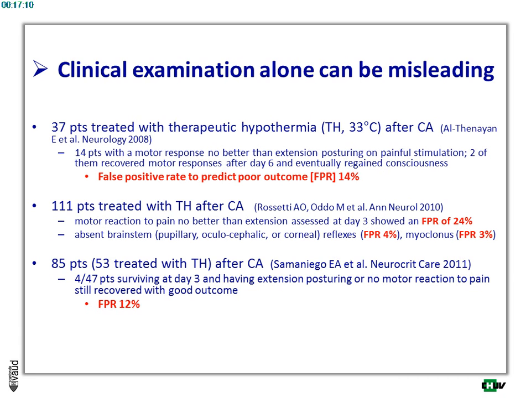What's ideal is to have 0%: 1 minus specificity, 100% specificity equals 1, 1 minus 1 is 0. So the best predictor is a false positive rate to predict a poor outcome of 0%, and it reaches 24%.